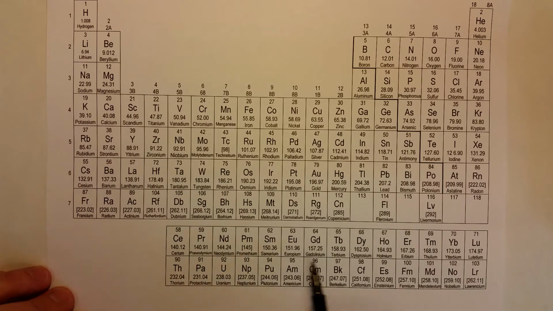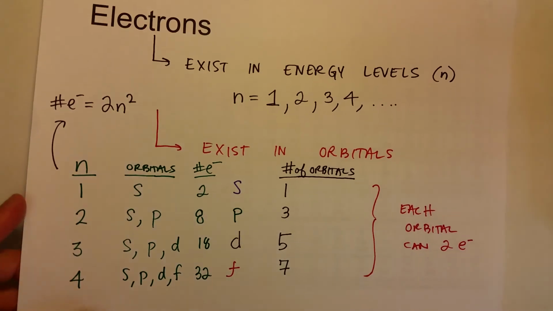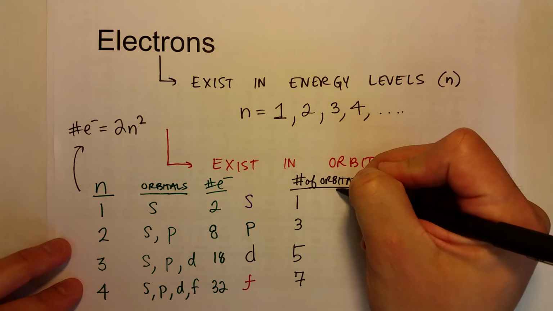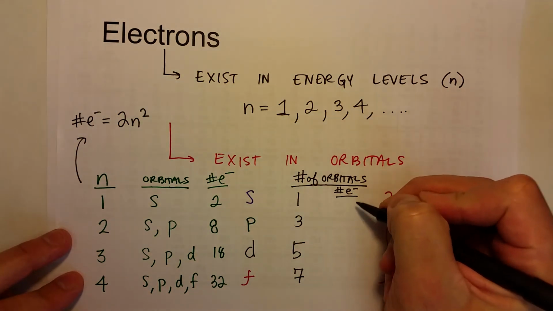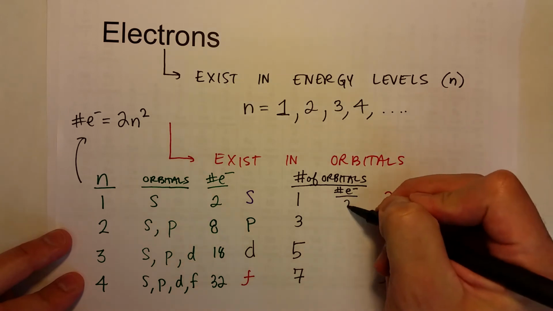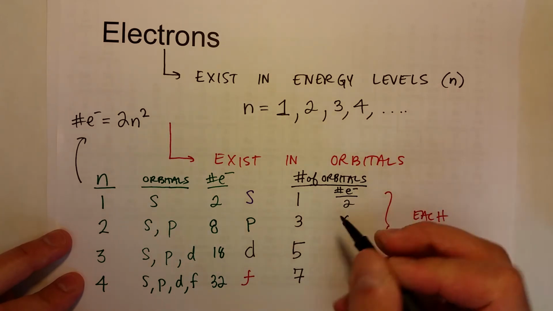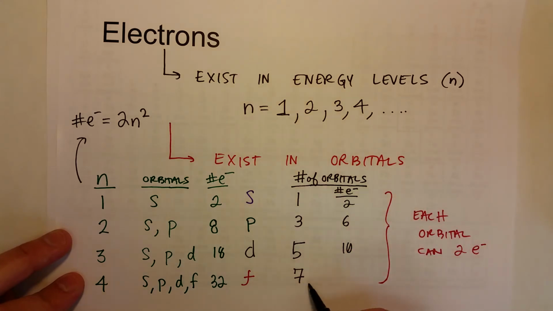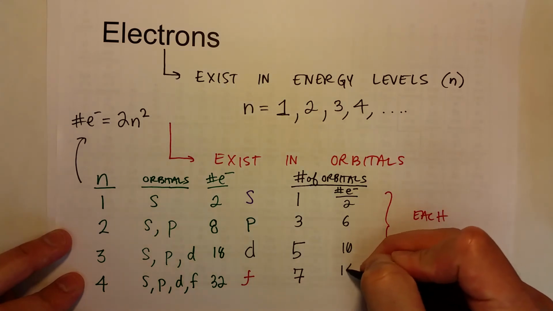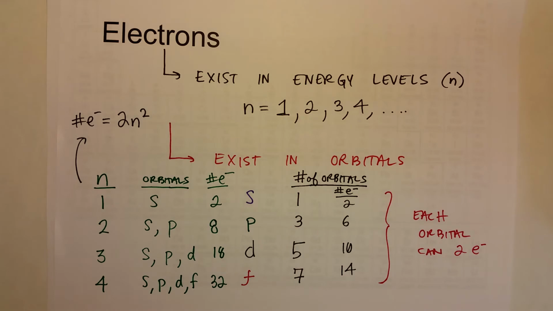And then down here, there are another 14 elements. If you think back to our orbitals and the number of electrons each sublevel can hold, s can hold 2, p can hold 6, d can hold 5 times 2, 10, and f can hold 7 times 2, which is 14. That is what explains the different regions of the periodic table.